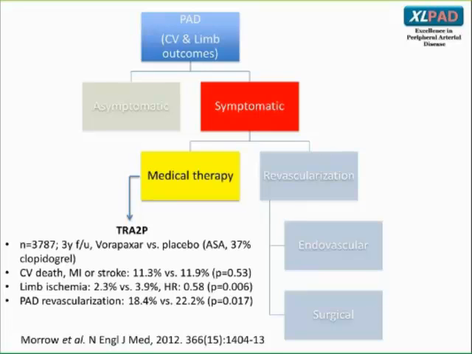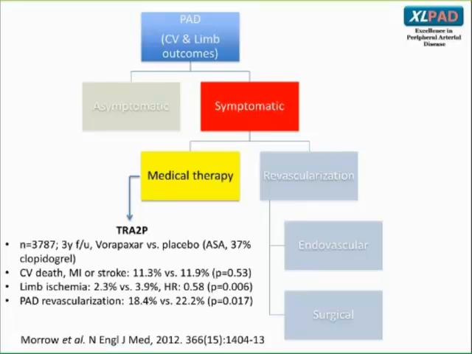And as you can see, overall 37% of patients received both aspirin and clopidogrel. So I think this gives us some insight into what we can anticipate with intensification of blockade of thrombin-mediated platelet aggregation.